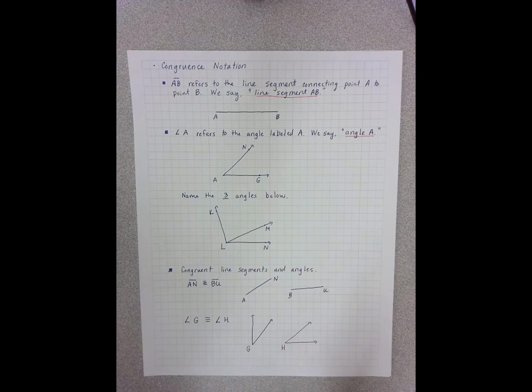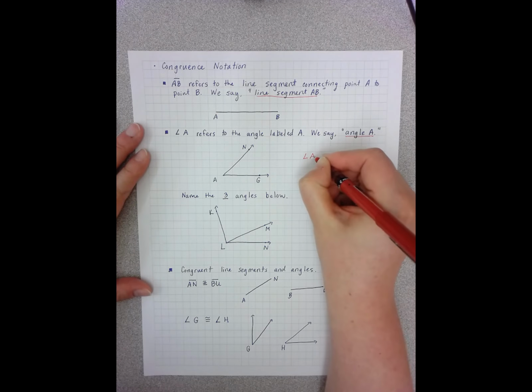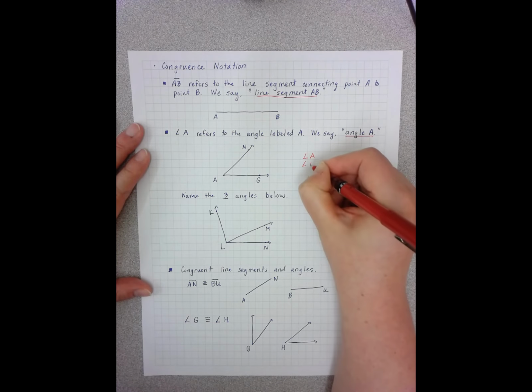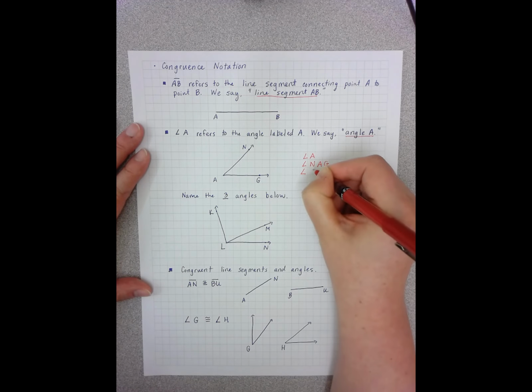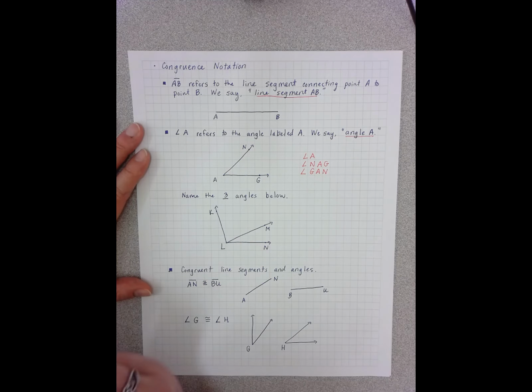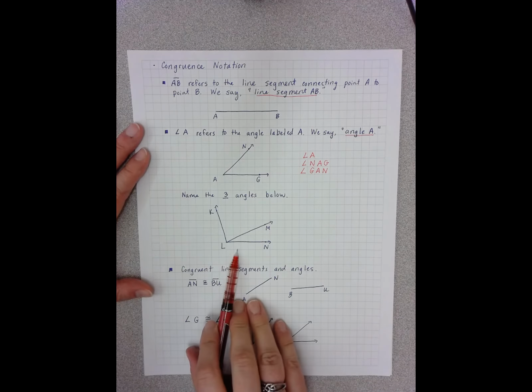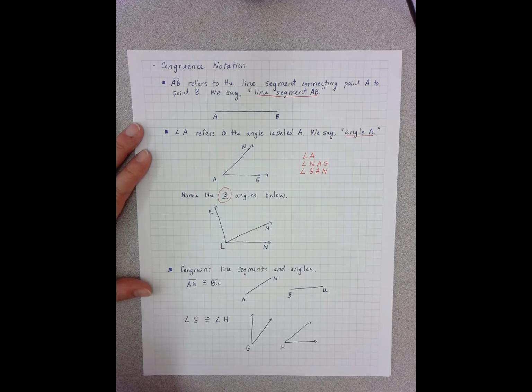Now, we can label this angle not only as angle A, we can also call it angle NAG or angle GAN. This comes into play and is really important when you're given a figure like this, where you actually have three angles hiding here.